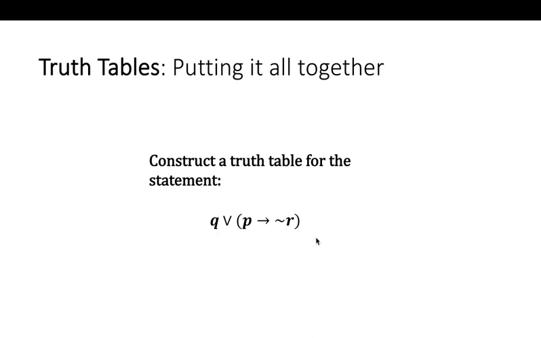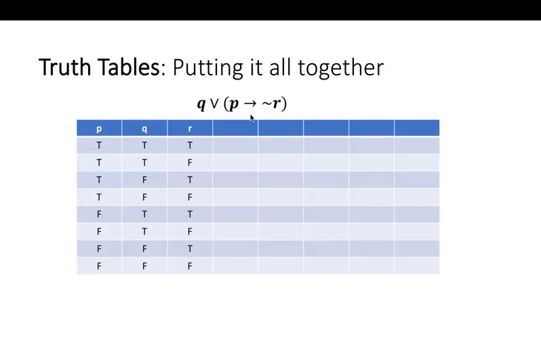Notice this has 3 statements. So first of all, to construct this truth table, we need to have 8 rows as opposed to 4. We've added a statement. We have P, Q, and R. So all of the scenarios are listed here. Remember, that's like where P is true, Q is true, R is true.